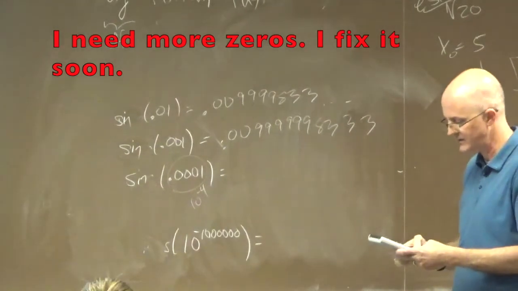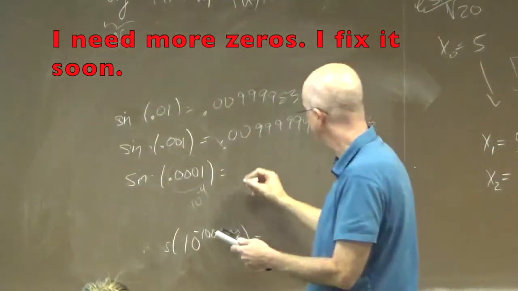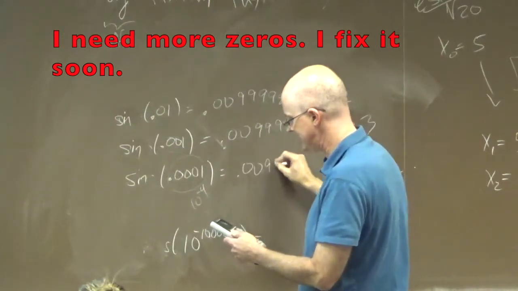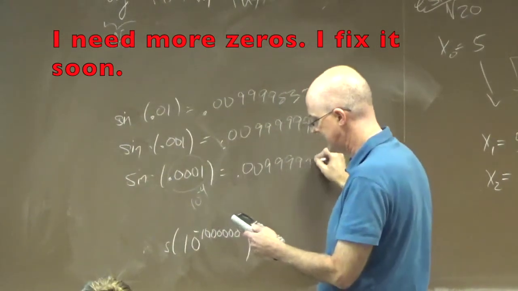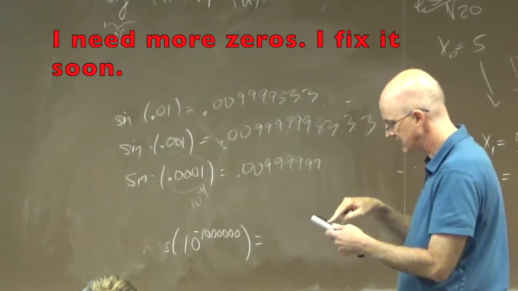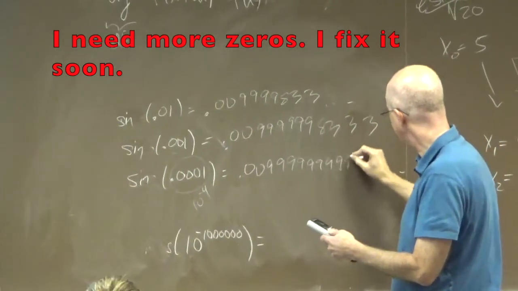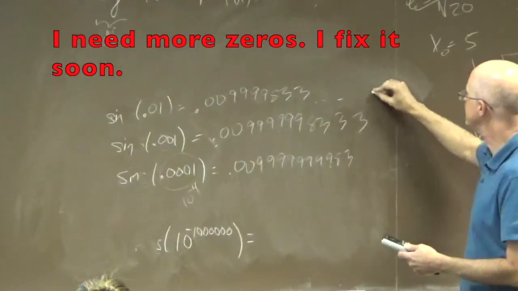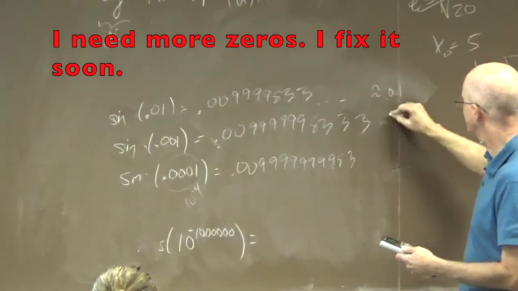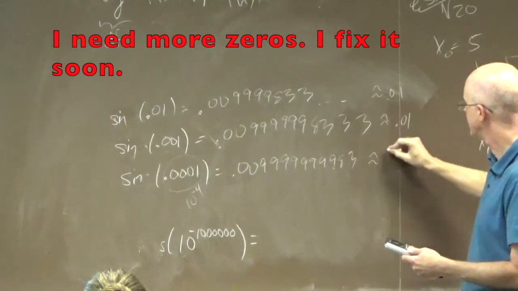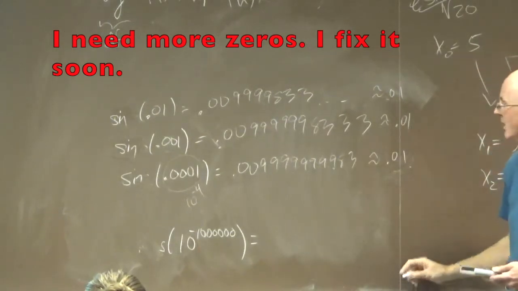Sine of 0.0001 is 0.0099999, count my number of 9s here, 9983. All of these numbers are pretty close to 0.01. The same as the input.